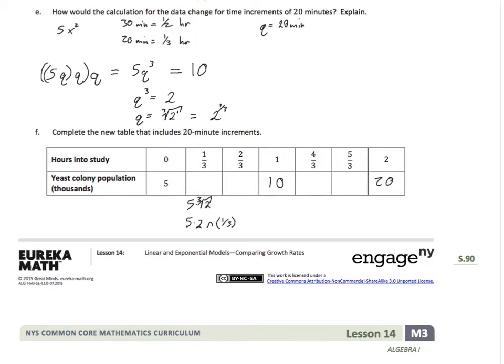Because I know, again, up here, this is 2 to the 1/3 power. So to get that fraction up there, you need to make sure you put it in parentheses. If you do not put it in parentheses, your calculator will read it like this, 5 times 2 to the first power divided by 3. It'll take this entire equation up here and divide it by 3, which obviously we do not want to do.